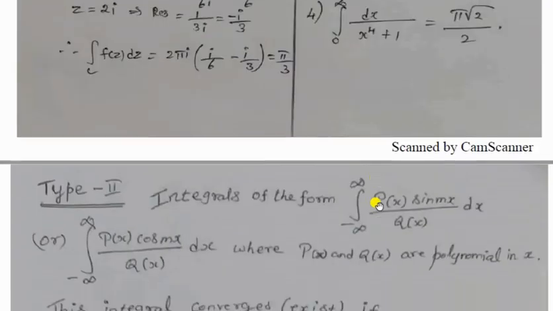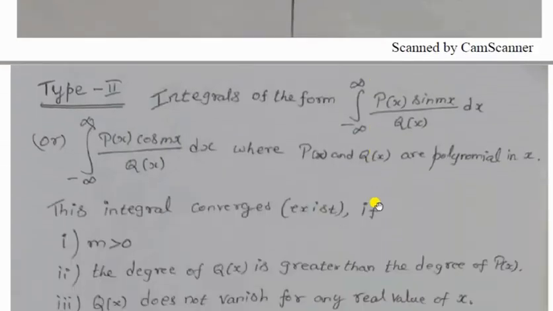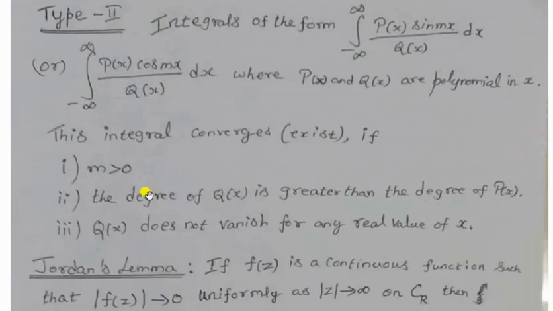Then next we are going to see type 2, integrals of the form with limits from minus infinity to infinity, where the function of x is given in this format: p of x sin mx by q of x is one type. Another form is p of x cos mx by q of x, and the condition here is m is positive, and the degree of q of x is greater than the degree of p of x.